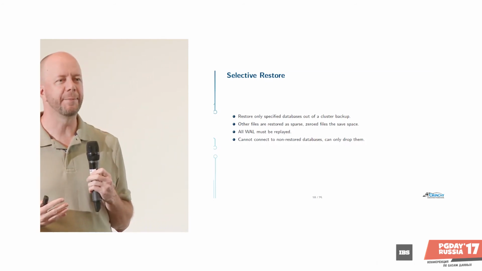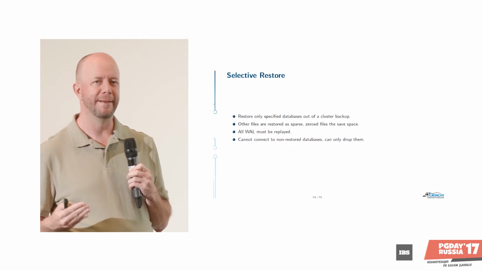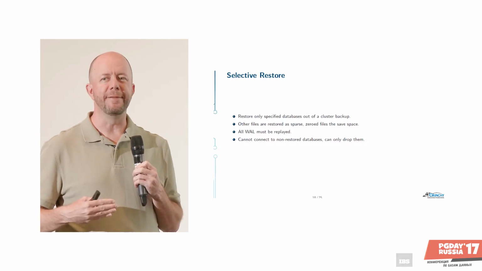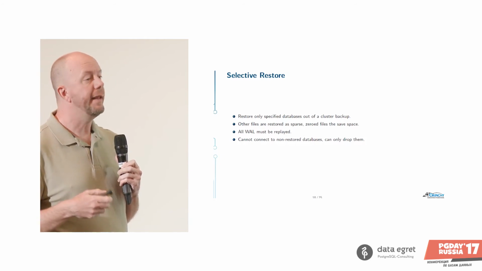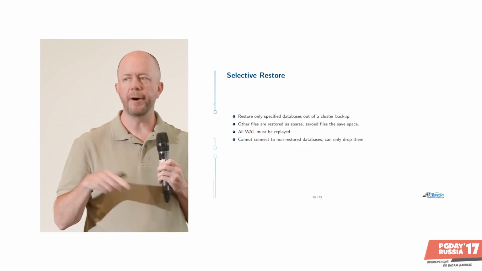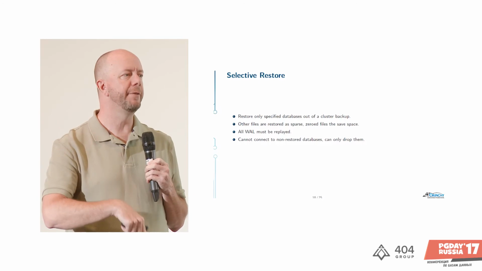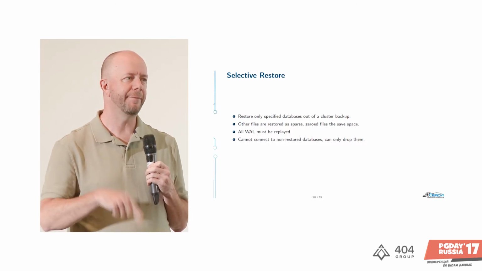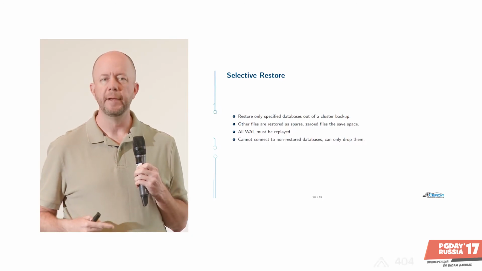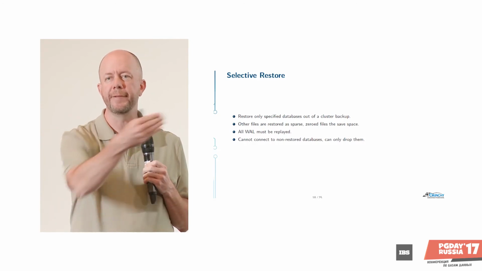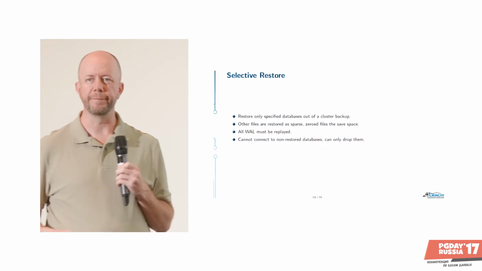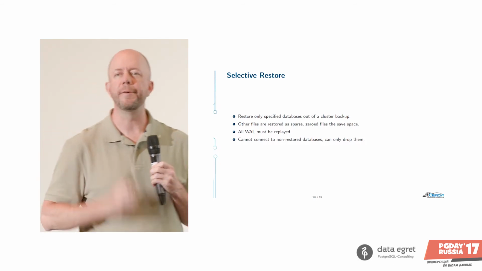I'm a little skeptical sometimes because I haven't seen proof of it, but you'd have to prove a negative. You'd have to prove that it fails, and that can be very difficult to prove. But even if you have full page writes turned off, Postgres will enable them during the backup. They have to be on so that the backup will succeed. Because at this point, you don't know where this data is going. You don't know if you can trust that file system to preserve things. So good question, but no, you don't have to worry about it.